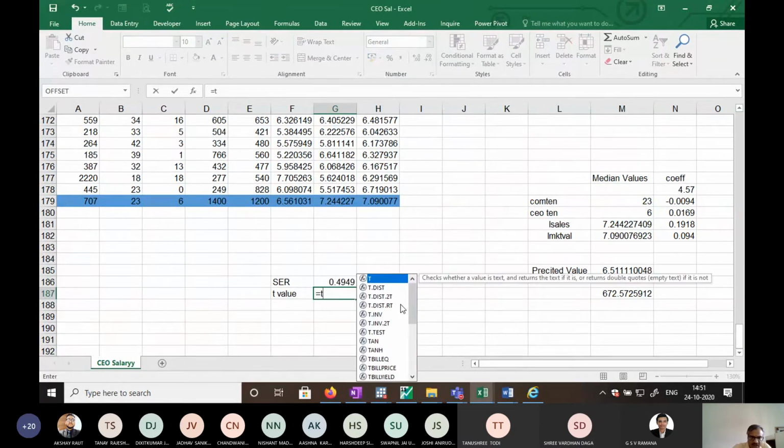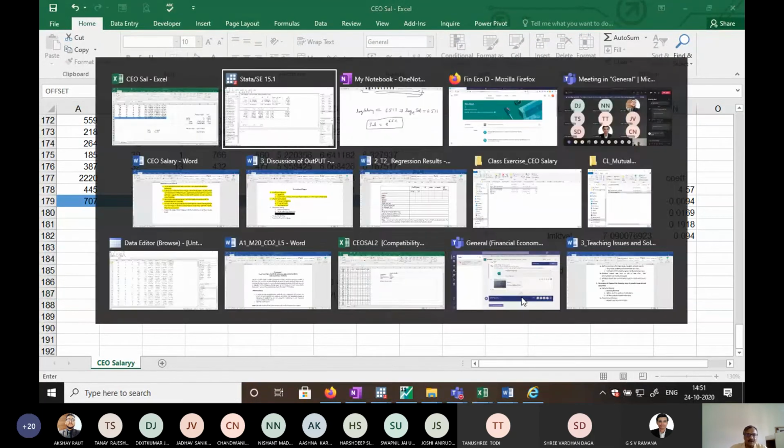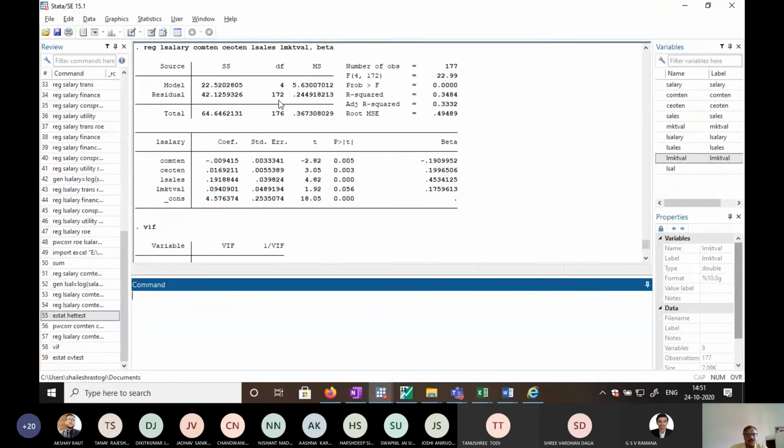I told you TINV at 5% level of significance, and degrees of freedom, I told you this is 172 here. When we have this table, you'll find that this value is the degrees of freedom: total number of items minus how many independent variables, which is 5.